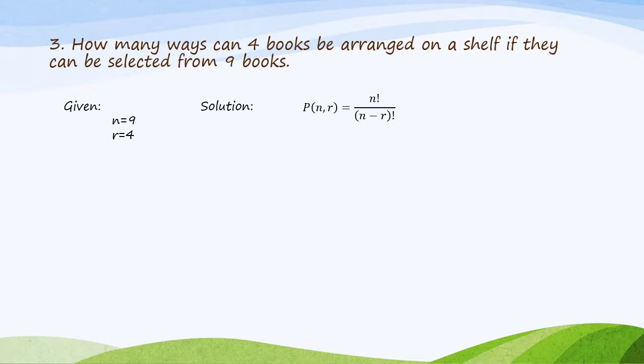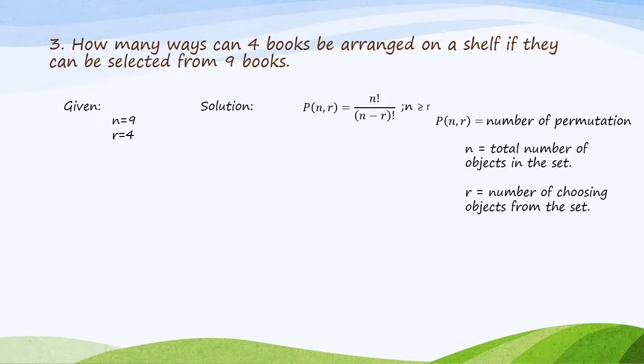We use the formula of the permutation P of n, r equals n factorial divided by the quantity of n minus r factorial, where n is greater than or equal to r. P of n, r is equal to the number of permutations, n is the total number of objects in the set, and r is equal to the number of objects chosen from the set.